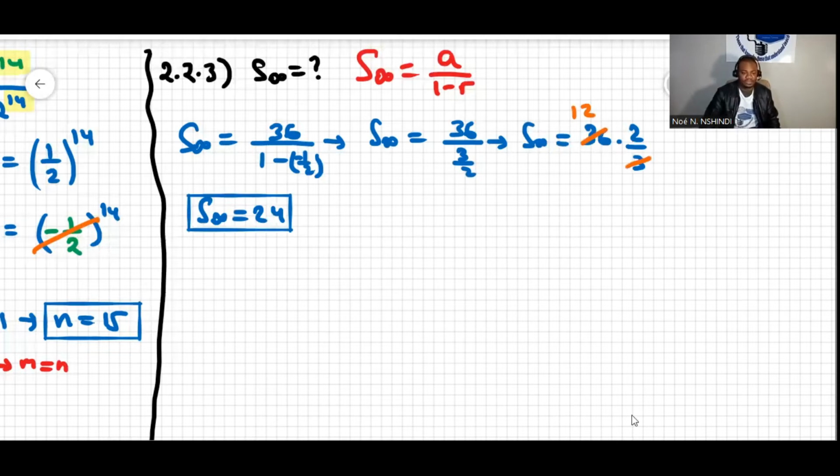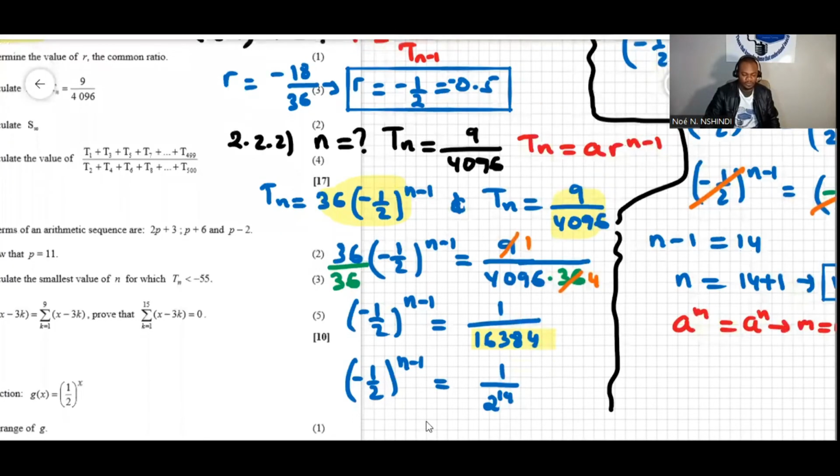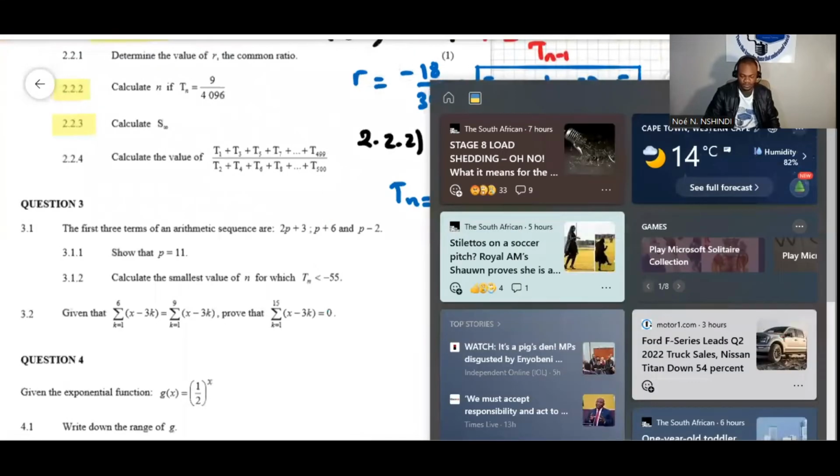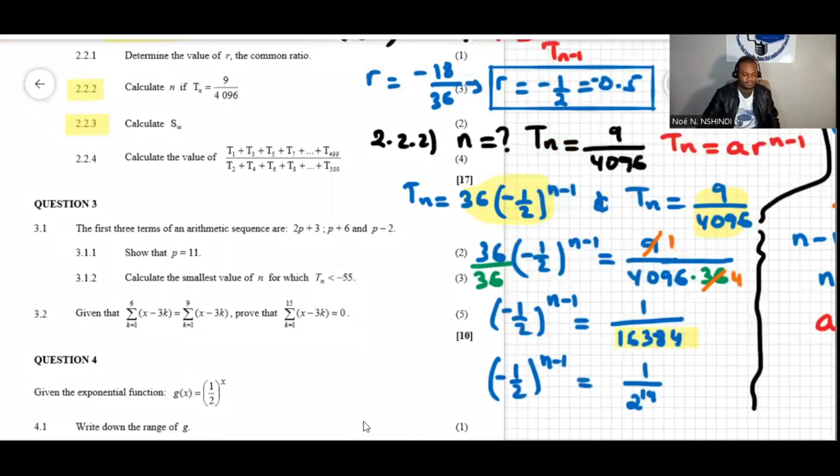Okay, and then the other question, 2.4. Question 2.4 says calculate the value of T1 plus T3 plus T5 plus T7 plus up to T499 over T2 plus T4 plus T6 plus T8 plus up to T500.